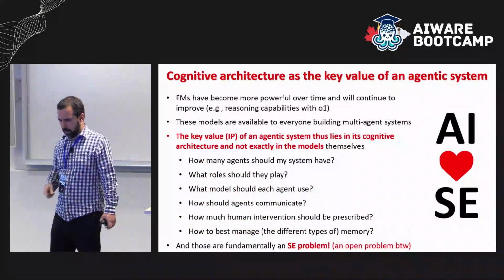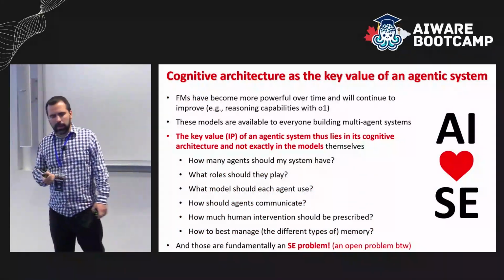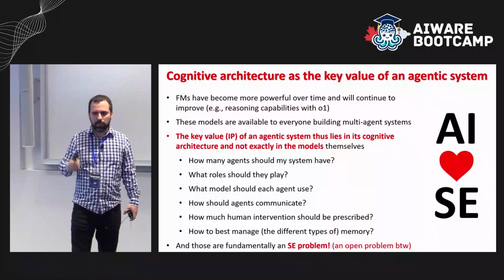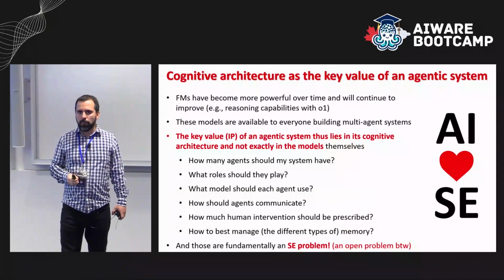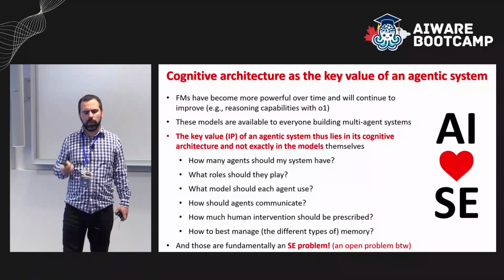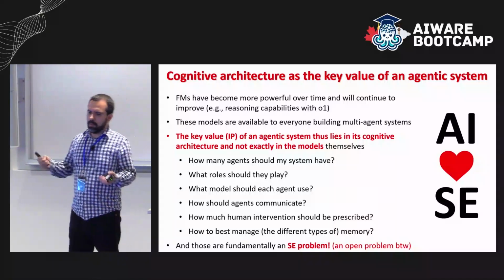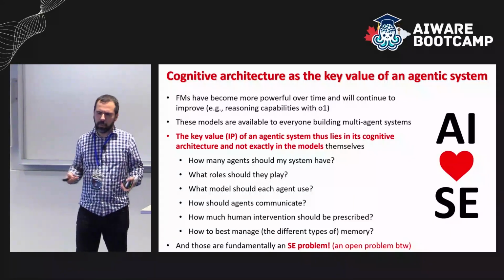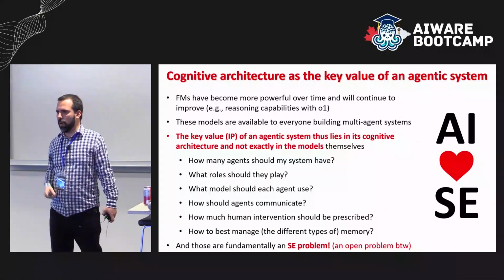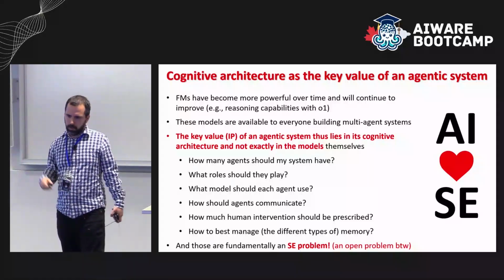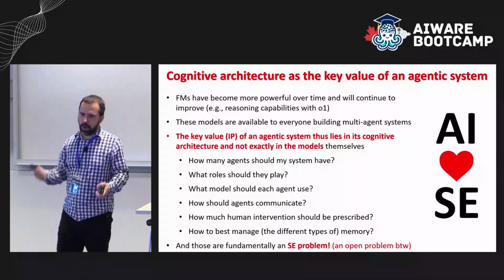And here I want to have this disclaimer, right? The cognitive architecture is really the key value of these agentic systems, right? It's not really about the models because, of course there's cost to use these models, but they are basically available for everybody, right? Everybody can use GPT-4o or Claude Sonnet or whatever next model we have.